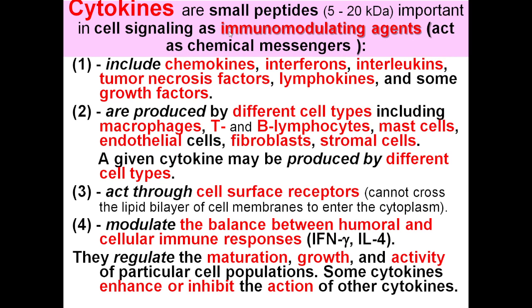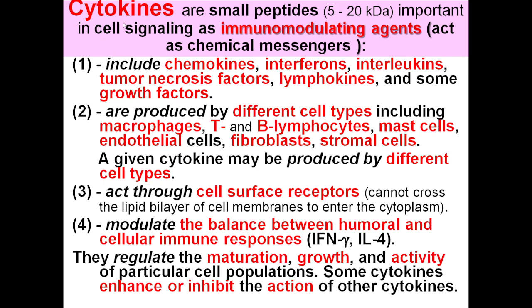Interleukin 4 of the T helpers type 2 prevents maturation of T helpers type 1 to the matured form and prevents synthesis of interferon gamma and inflammation. So cytokines consist of chemokines, interferons, interleukins, tumor necrosis factors, lymphokines, and some growth factors.